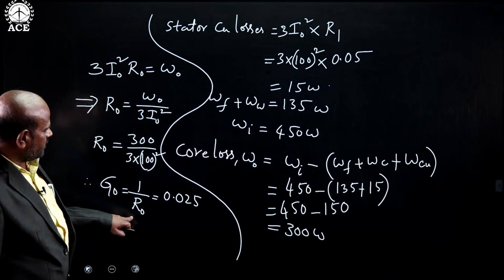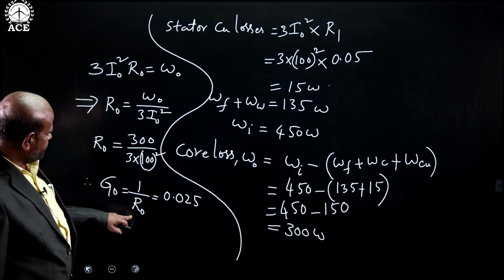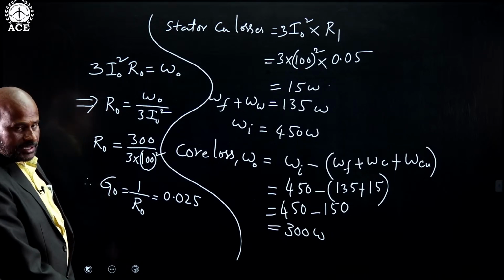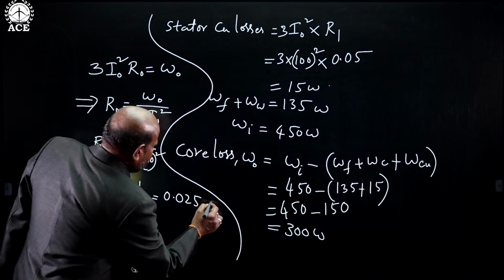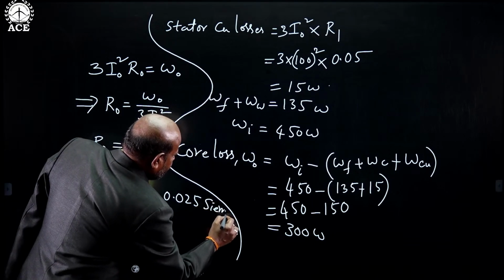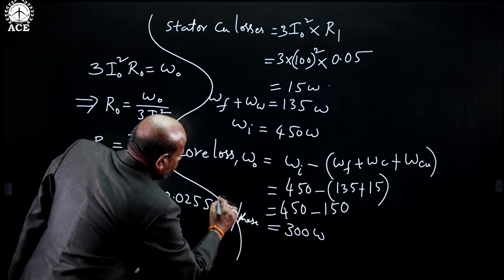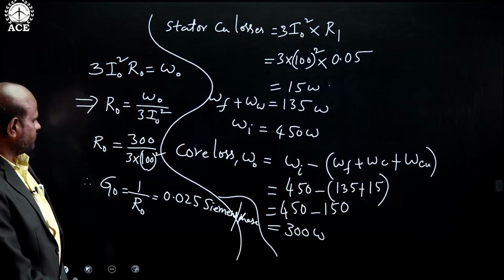For R naught, the units are resistance per phase. But what about G naught? Reciprocal of ohms, that is Siemens per phase. Siemens per phase. This is G naught.